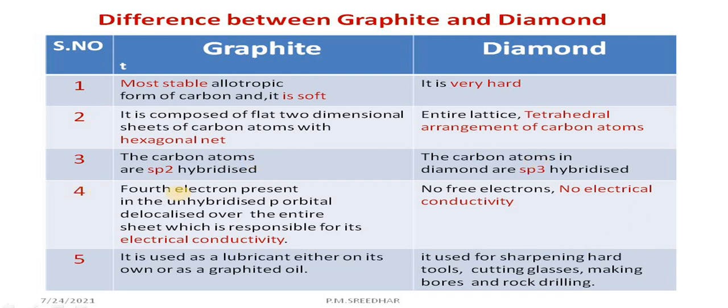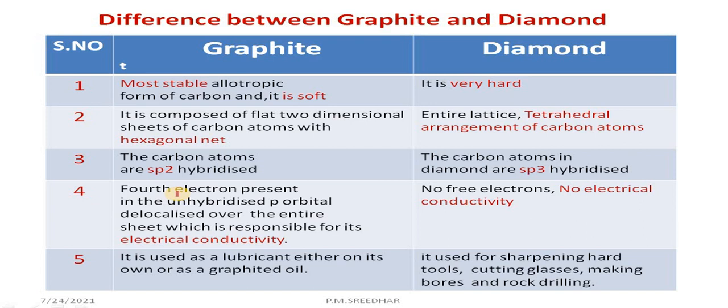Point number 4. In graphite, the 4th electron present in the unhybridized p orbital is delocalized over the entire sheet, which is responsible for its electrical conductivity. In diamond, there is no free electron. Therefore, diamond does not conduct electricity. Point number 5. Graphite is used as a lubricant, either on its own or as graphited oil.